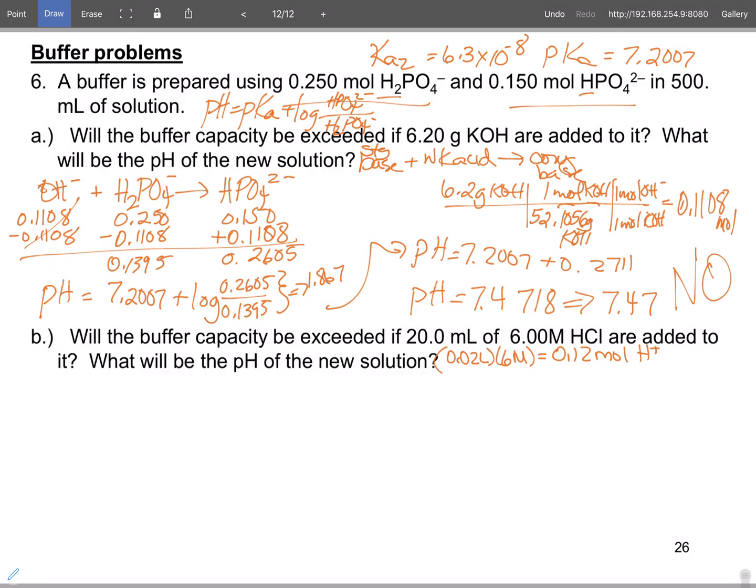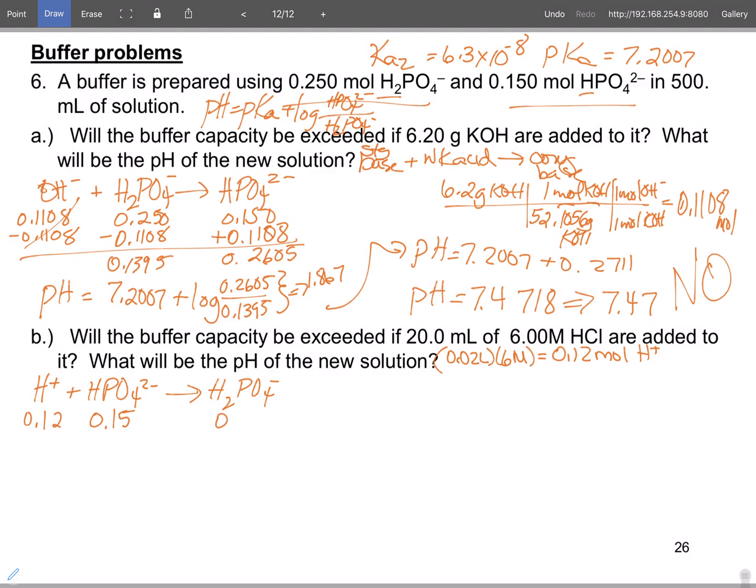Now, because this is B based upon A, let's go back and use the original amounts, which now H+ will react with the base form, which is HPO4 2 minus, and yields the acid form. And since we've already done the math, it's 0.12. This one is 0.15.